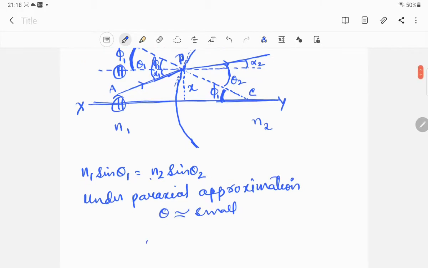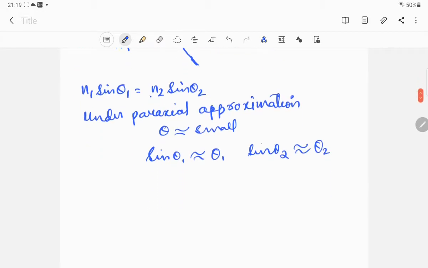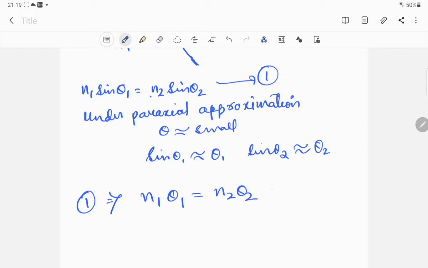So sine theta 1 will be equal to theta 1, sine theta 2 will also be equal to theta 2. So equation 1 implies n1 theta 1 equal to n2 theta 2. So let it be equation number 2. Instead of writing simply an equal sign, you can also write an approximation sign. It should not be a problem.